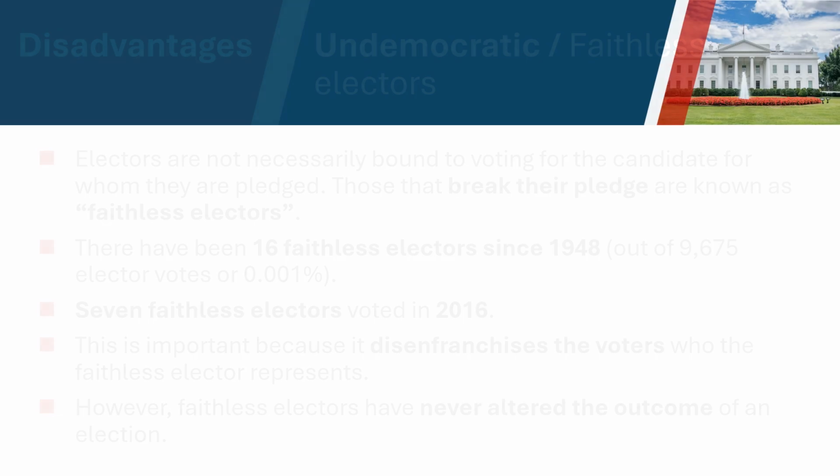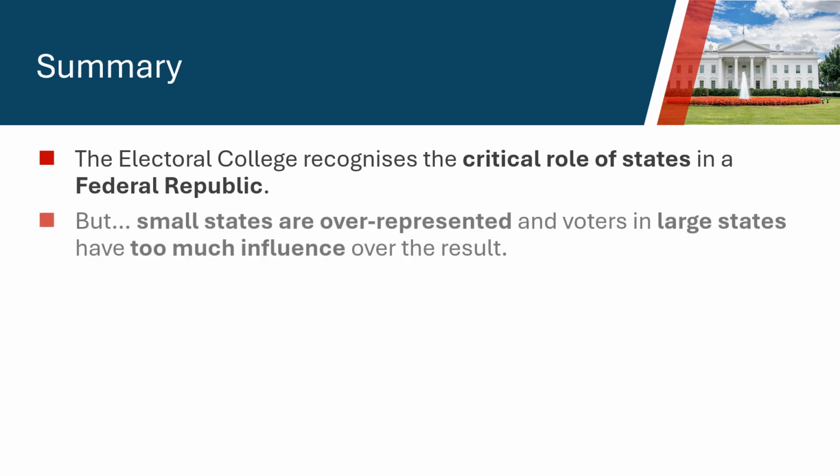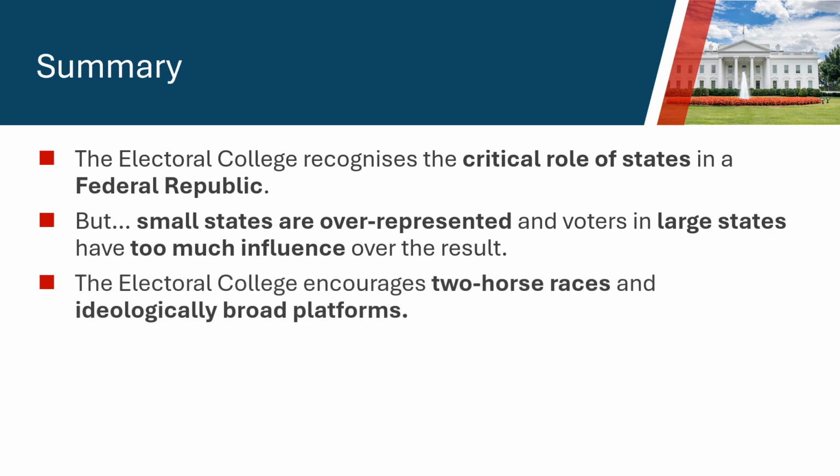In summary, we have seen that the Electoral College has several advantages and disadvantages. Firstly, the Electoral College recognizes the critical role of states in a federal republic. However, small states are overrepresented, and voters in large states have too much influence over the result. Secondly, the Electoral College encourages two-horse races and ideologically broad platforms.